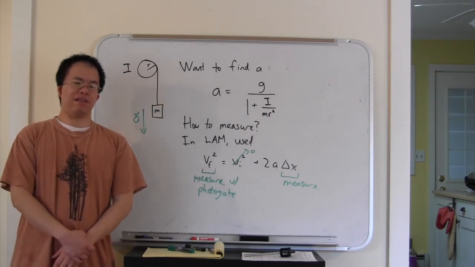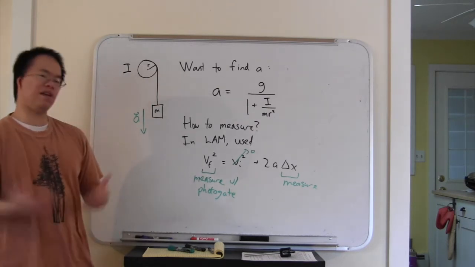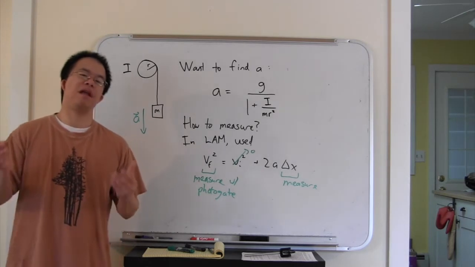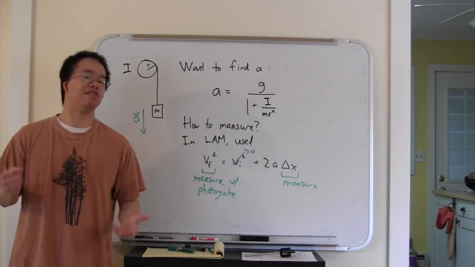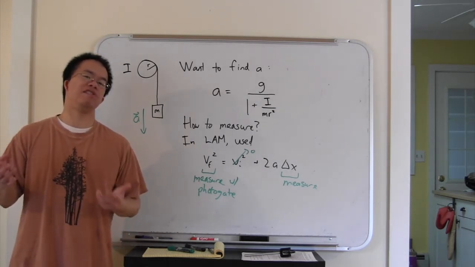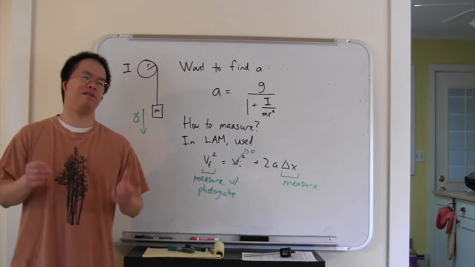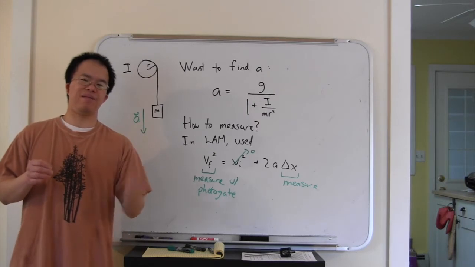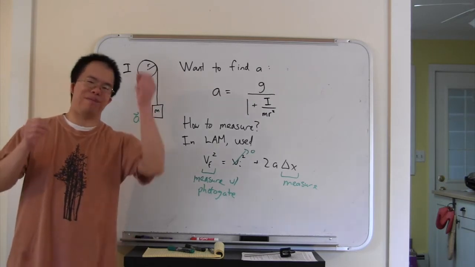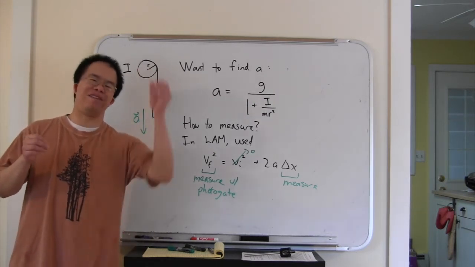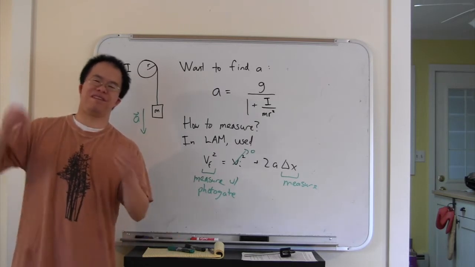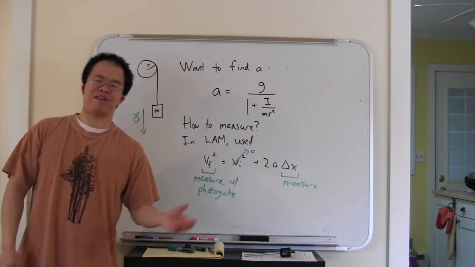But that's a little tricky, because as you thought about last time, we want to be working in a regime where air resistance doesn't matter. And if we're trying to tape a card onto this hanging mass, that mass is not going to necessarily travel in a nice smooth way like the cart.